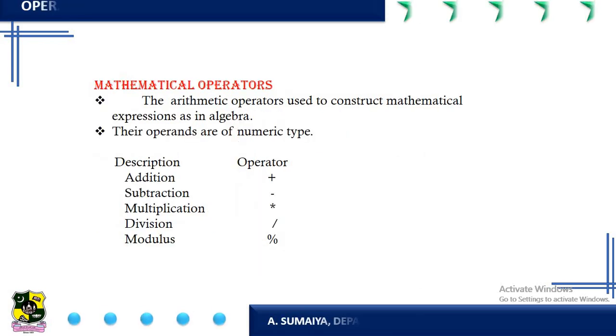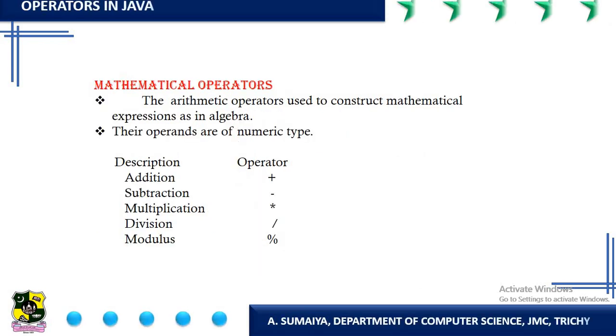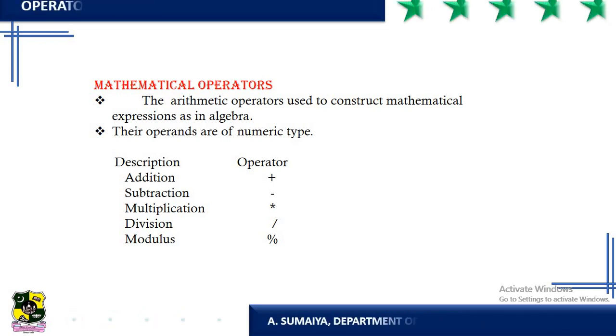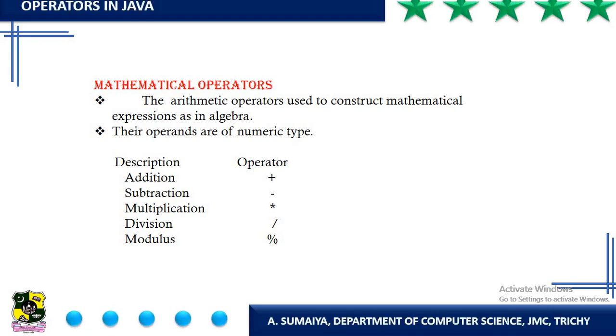Next operator is the mathematical operators. The mathematical operator is also called the arithmetic operator. Arithmetic operators are used to construct mathematical expressions as in algebra. Their operands are numerical types.